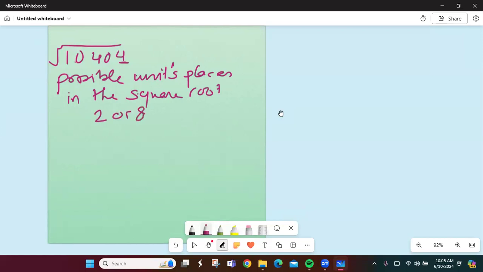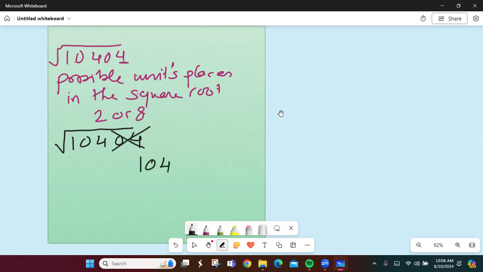Now again, let us follow the same steps. For the square root of 10,404, first I'll cancel the last 2 digits, so I'll get 104.